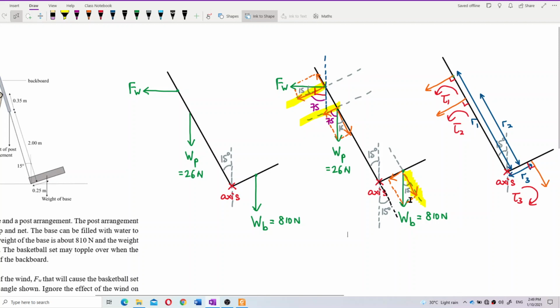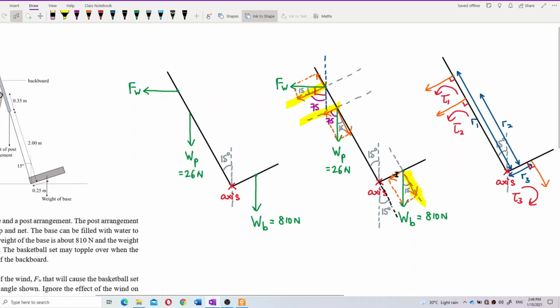Each of these forces can be resolved into two components, one parallel, one perpendicular. I only highlight the perpendicular component.